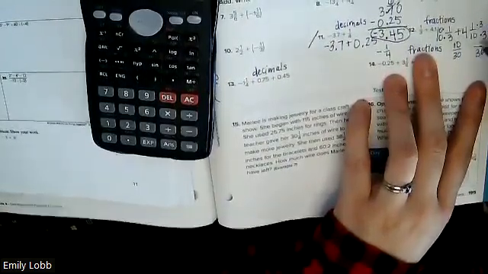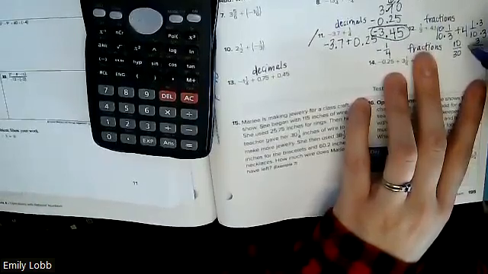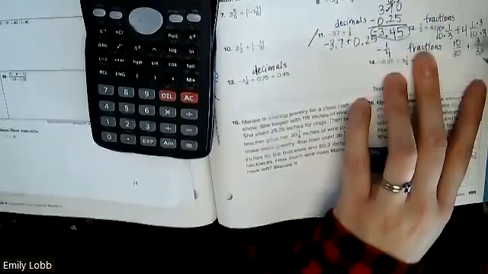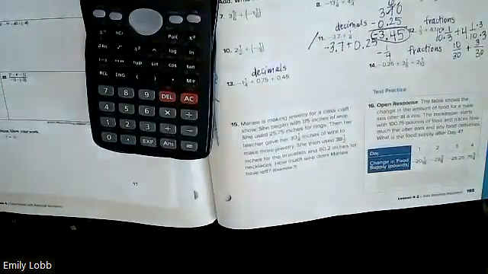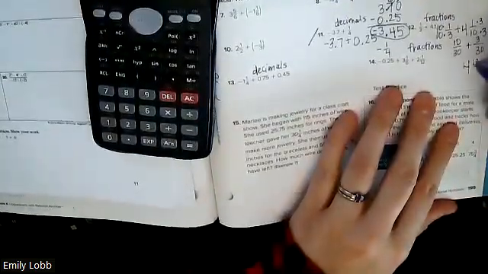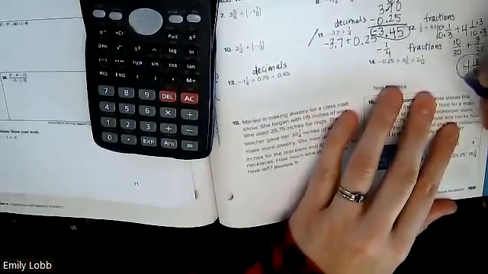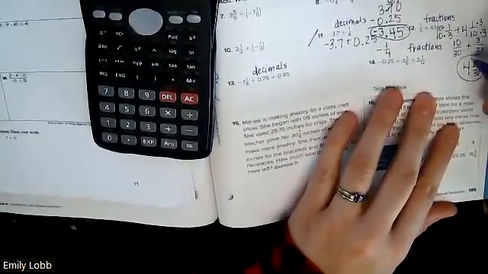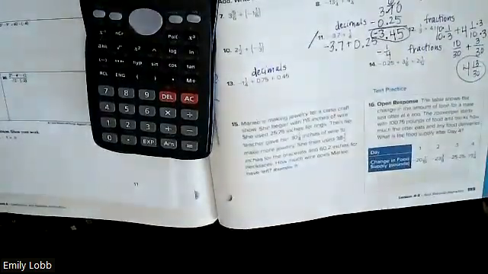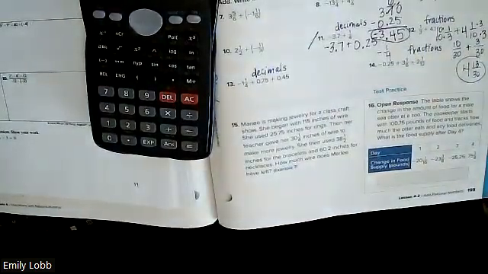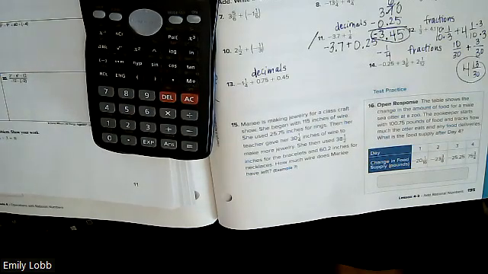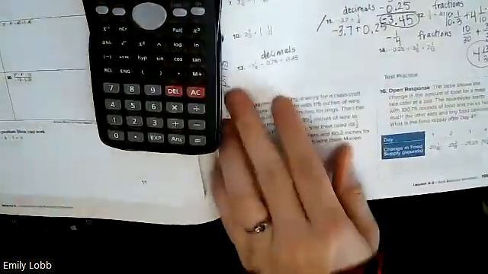So 1 times 3 is 3. So now I have 10 plus 3, which is 13. So I have 4 and 13/30. Don't forget that we did have a 4 that we have to bring back into play. Okay, I know these are a little bit tricky, but you can do them.